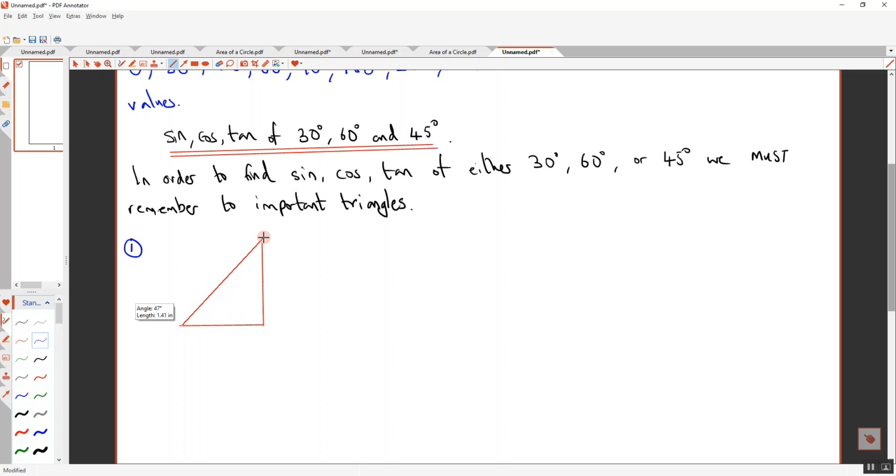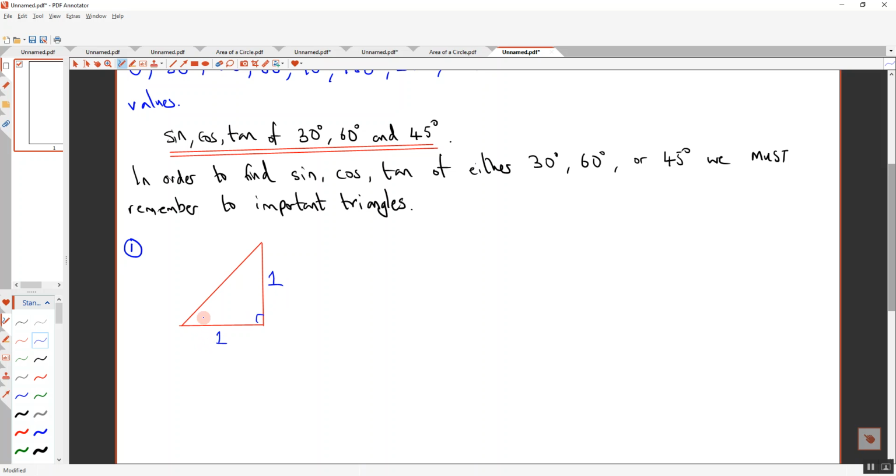Isosceles just means two sides are the same. So if this is my right angled isosceles triangle, then I'm going to say that this side is the same as this side. Okay. So I'm going to say that this is side 1 and this is also side 1.